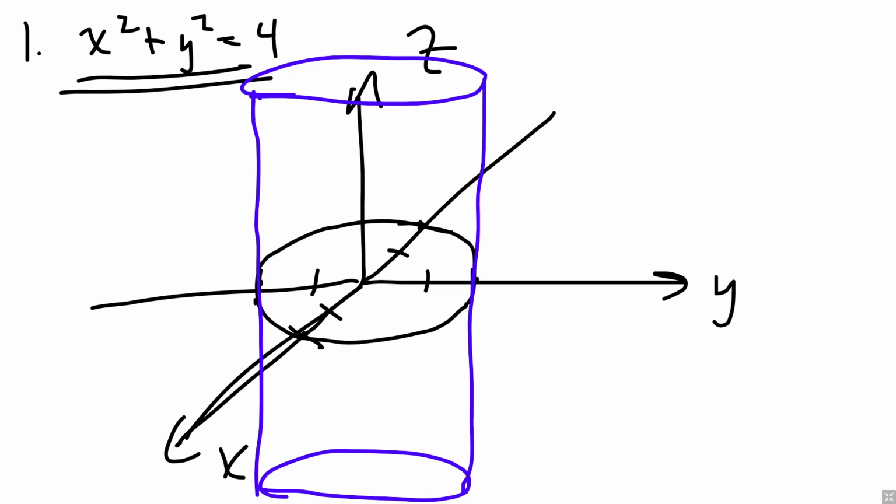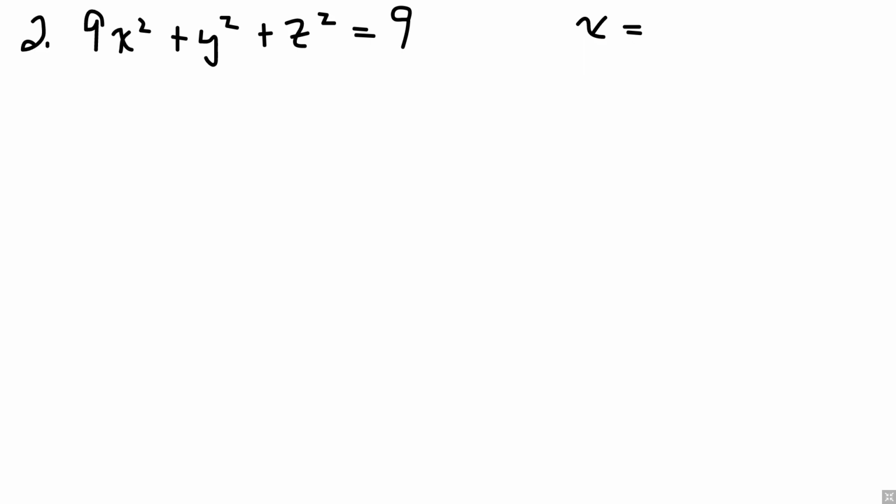Okay, let's look at the next one. The next problem we had was 9x squared plus y squared plus z squared is equal to 9. Essentially what I'm going to do is alternate which variable I let be 0. I'm going to let z be 0 first, not x.